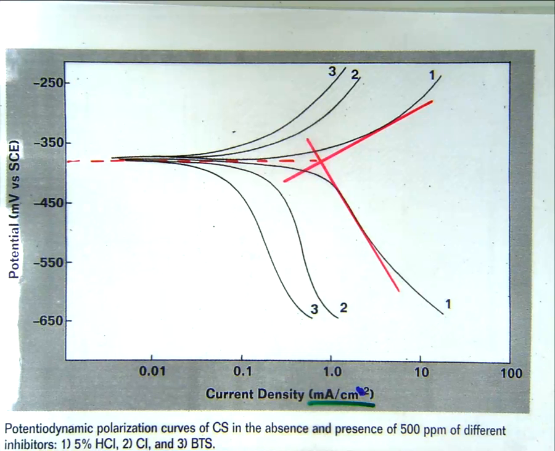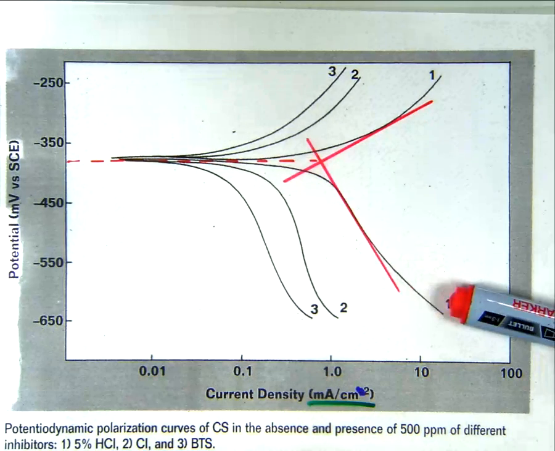On the handout, for some reason, they've got milliamps slash centimetre per. They've done it twice. These sort of mistakes happen. The potential values here are against the standard calomel electrode.